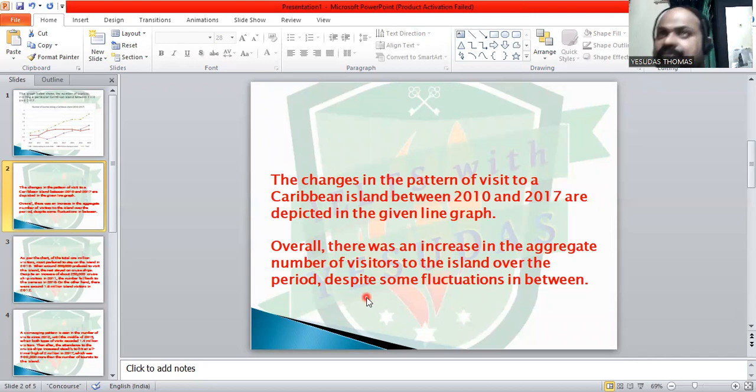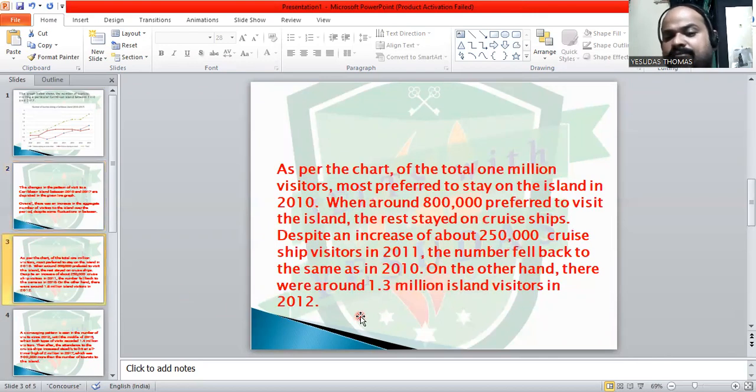Now we have to see that there are two specific paragraphs here. The first specific paragraph says this. As per the chart, it means as per the line graph, of the total 1 million visitors, most prefer to stay on the island in 2010.